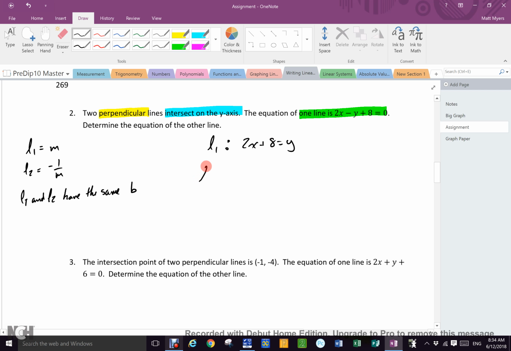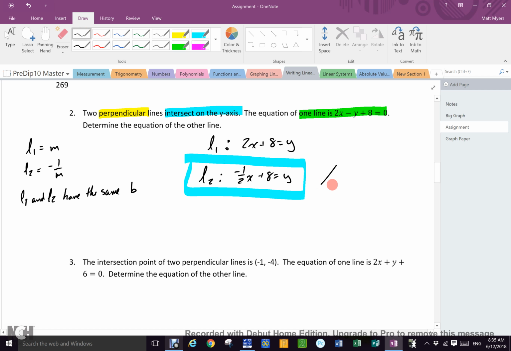Line 2 has what slope? Negative 1/2 x. And what y-intercept? Plus 8 equals y. There is my other equation. Yeah? For 2 marks.